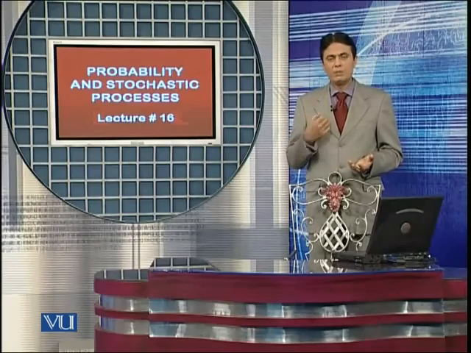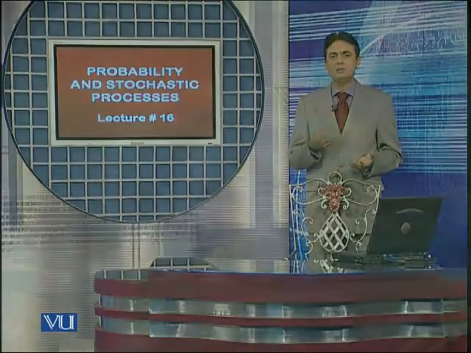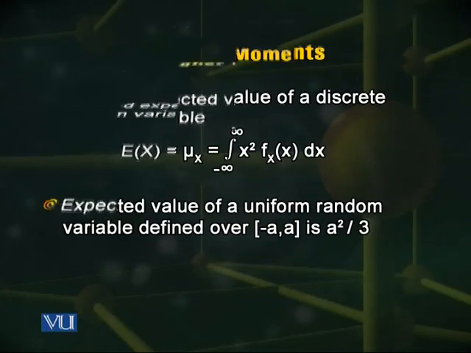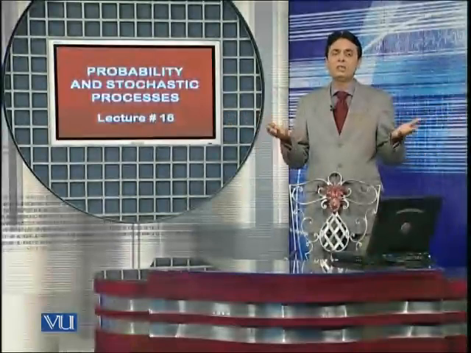If you do the elementary integration that is needed for this case, you will find that the variance of a uniformly distributed random variable which takes on values from minus a to plus a comes out to be a squared over 3. So if a is large, the variance is large.